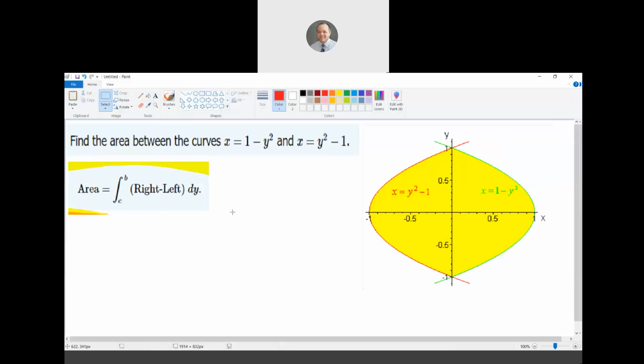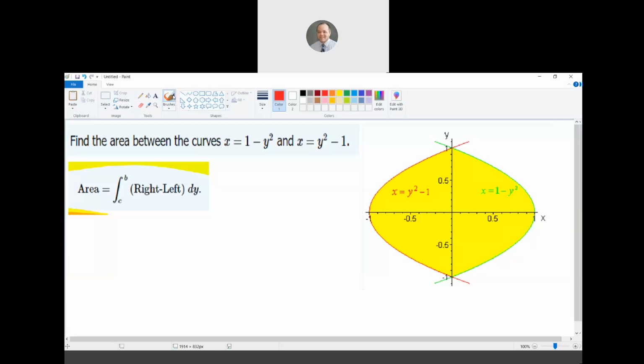Okay, anytime that you have to find the area between two curves and each function is in terms of y, then you cannot use the top minus bottom formula. You have to use this formula here to find the area. You just take the right curve minus the left curve.